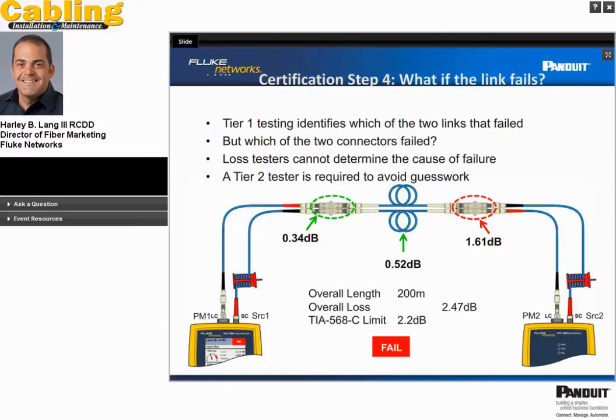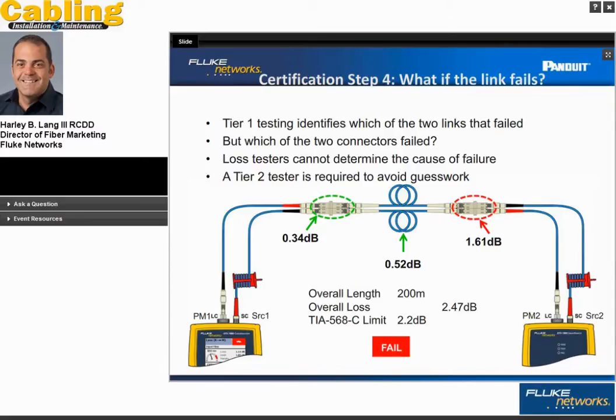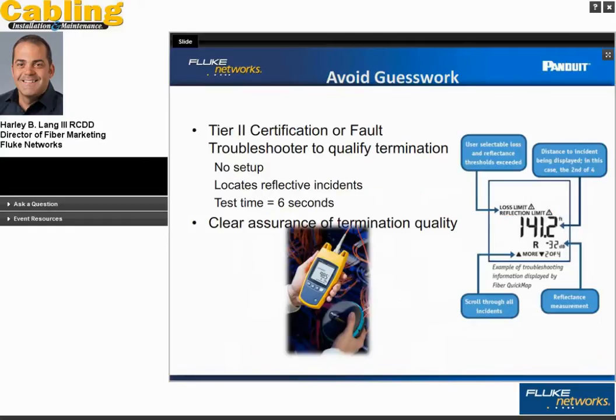I'm not able to really see what the loss of the individual connectors might be, so I could have a good one that's compensating for a bad one, and I really don't know. I passed my limit. So that's where Tier 2 certification and troubleshooting comes into play. So that's what I'll talk about next.